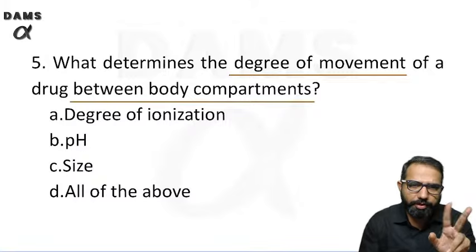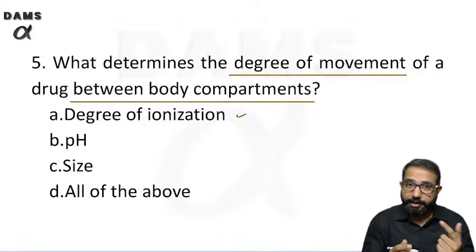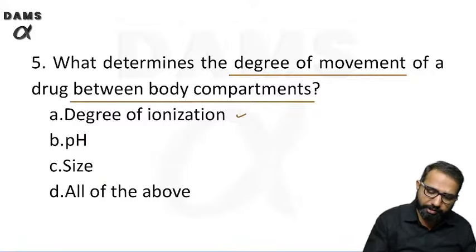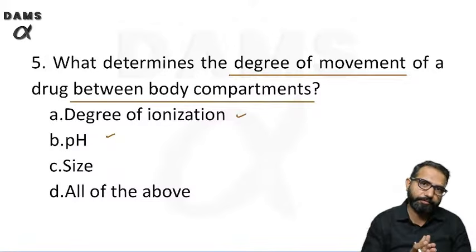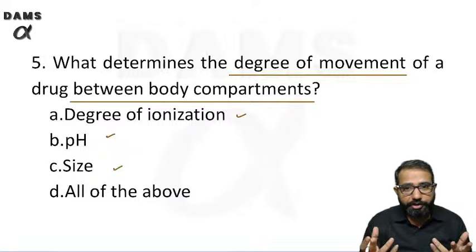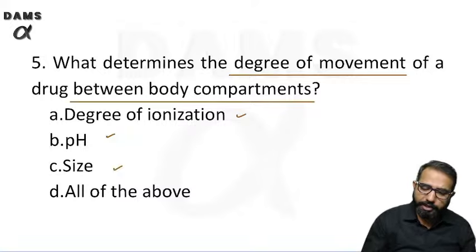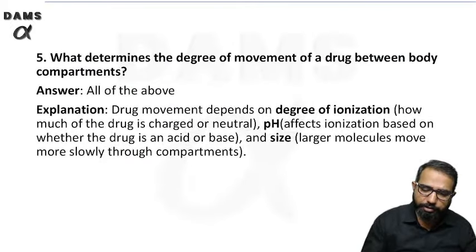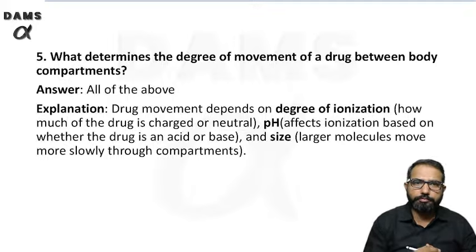So lipid solubility, water solubility, ionization. Then drugs are acidic or basic, and the tissues are having different pH, acidic pH or basic pH. The molecular size, pharmaceutical properties. There are so many factors which are affecting this distribution, in process, transport. So all these are important.